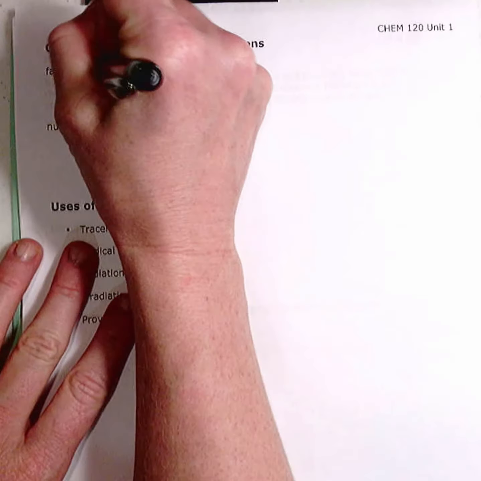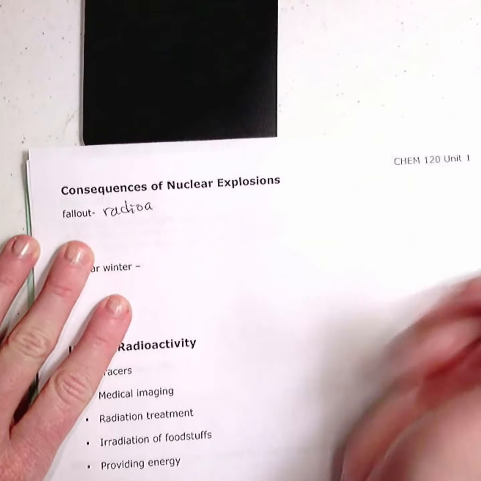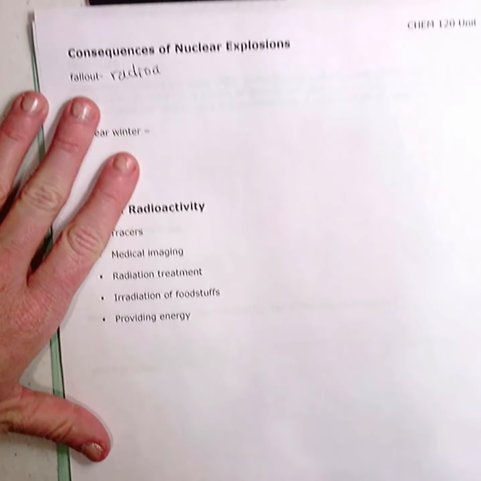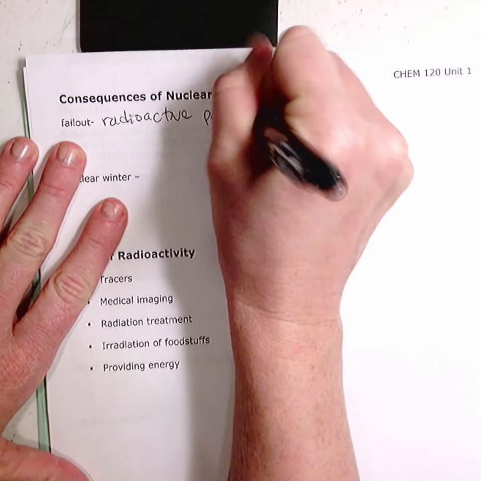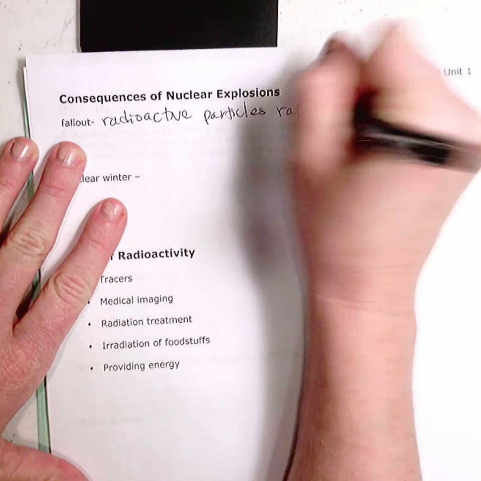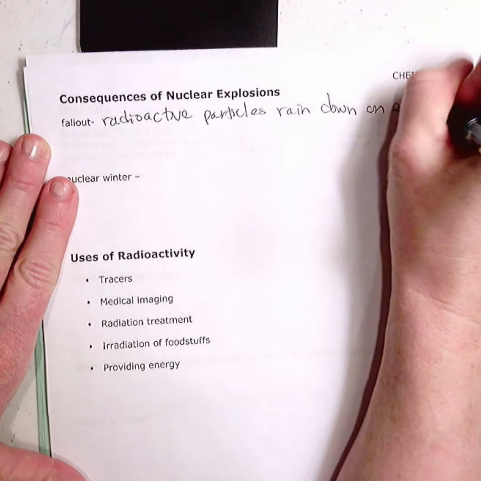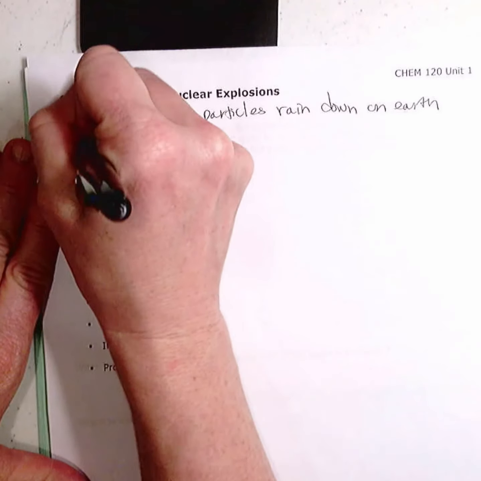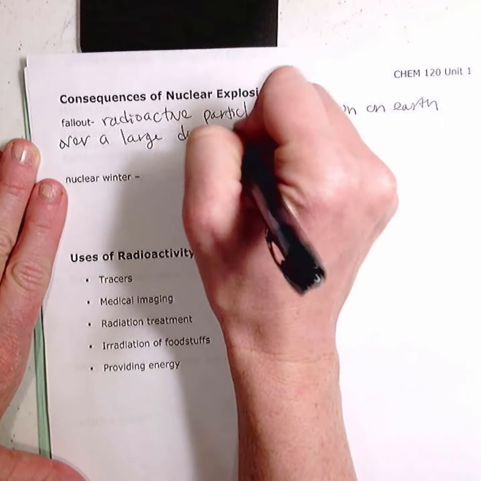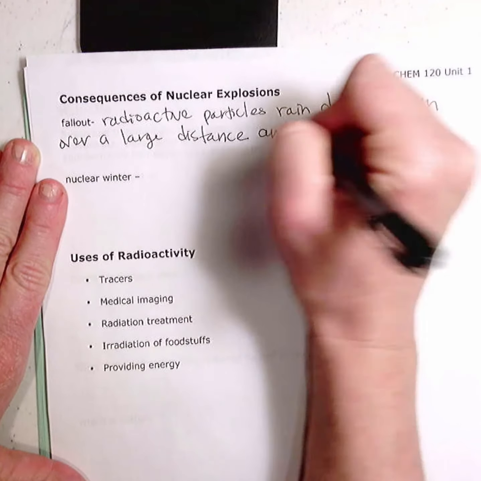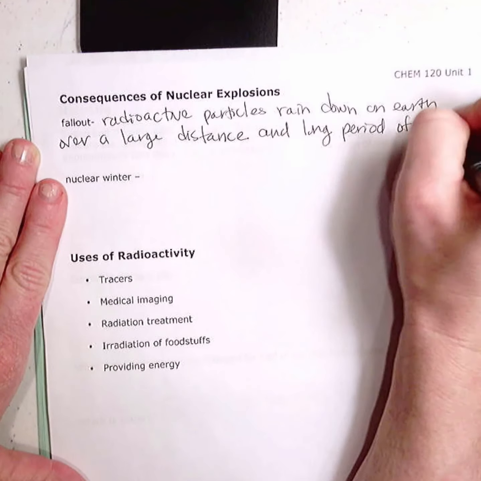So radioactive particles rain down on Earth over a large distance and long period of time.